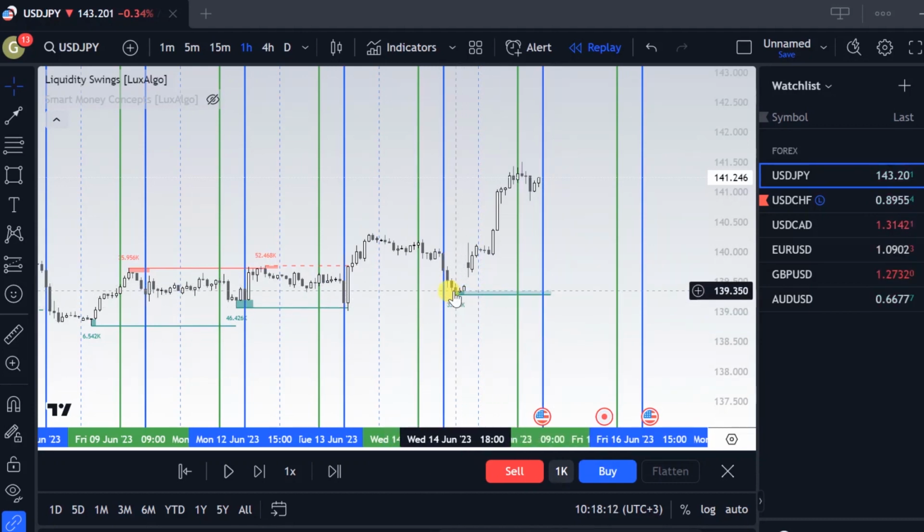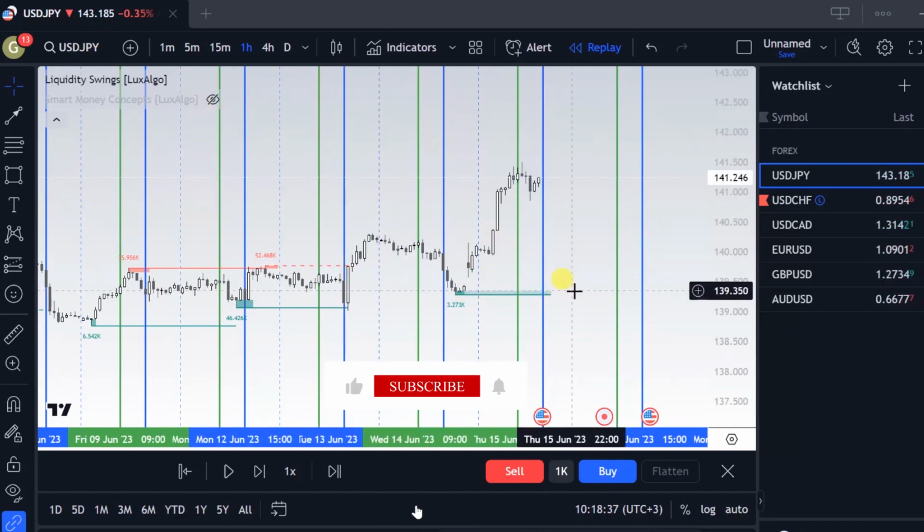So this string level, it basically means there's some liquidity that is resting here. So I like using these as my reference levels. So since I determined already that this is an uptrend, the next thing I'm going to do is actually determine my liquidity or swing levels. So this is one of them, since it's an uptrend.